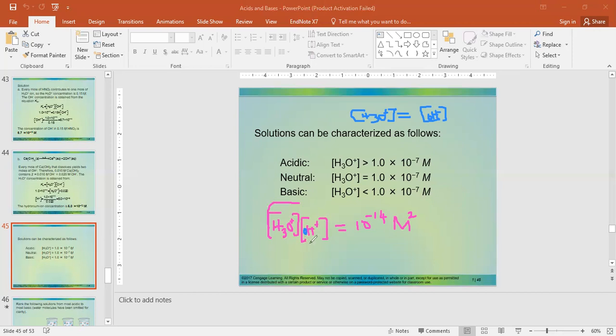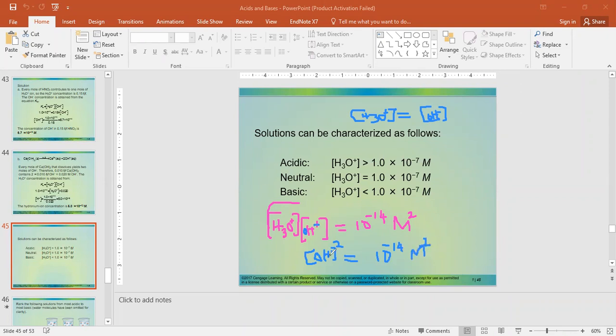So supposing we express these two in terms of the hydroxyl ion, OH minus multiplied by OH minus becomes OH squared, which is equal to 10 to the power minus 14 molar squared.